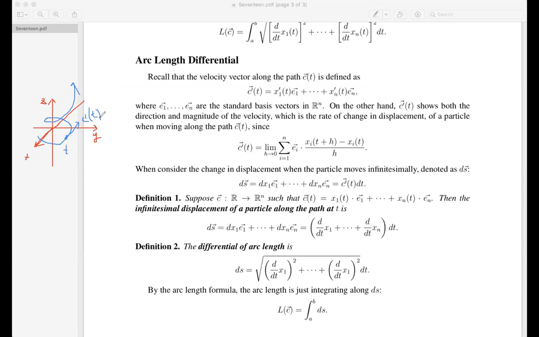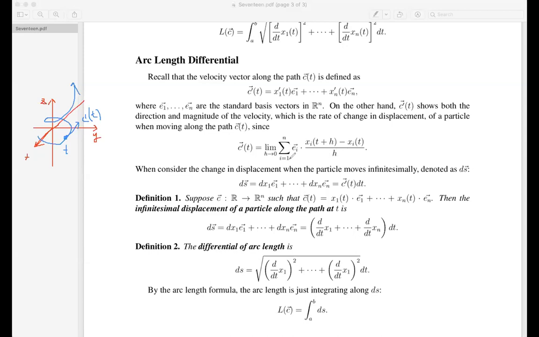So basically this tells you the direction and the magnitude of the velocity at time t, which is the rate of change in displacement, right? How far and what direction does the particle move at time t.